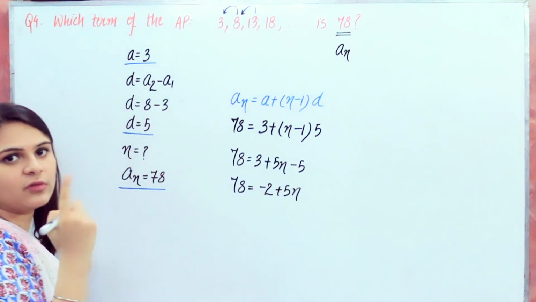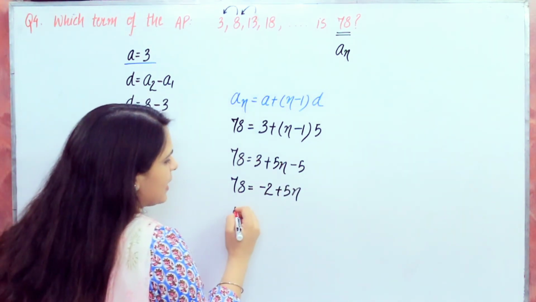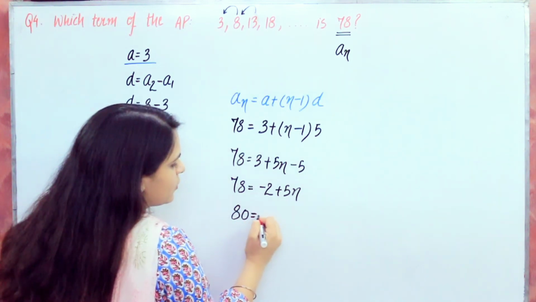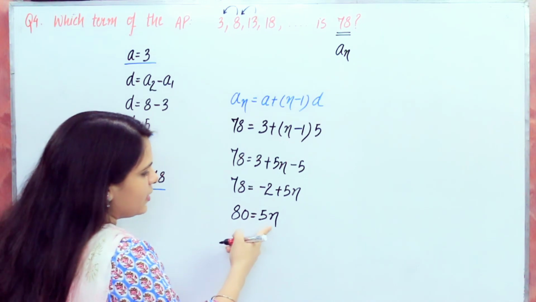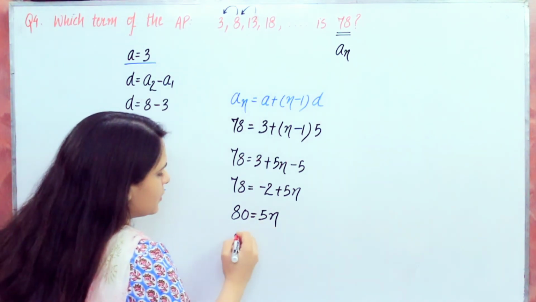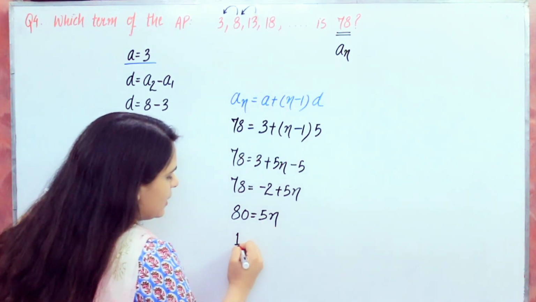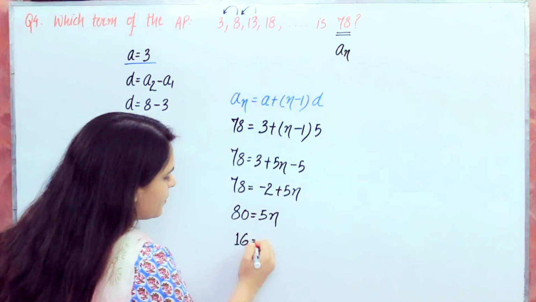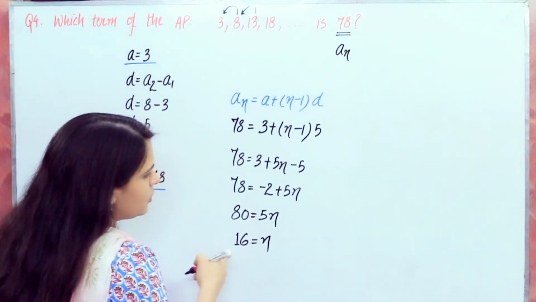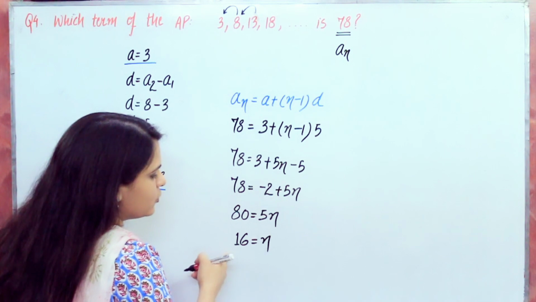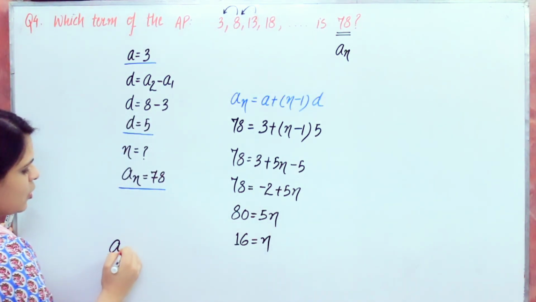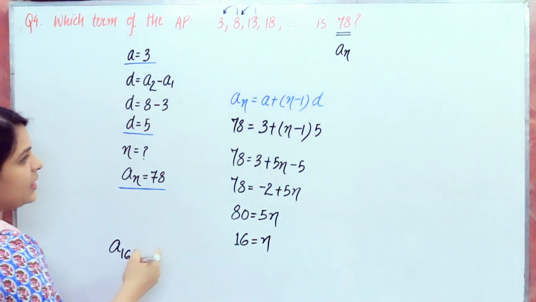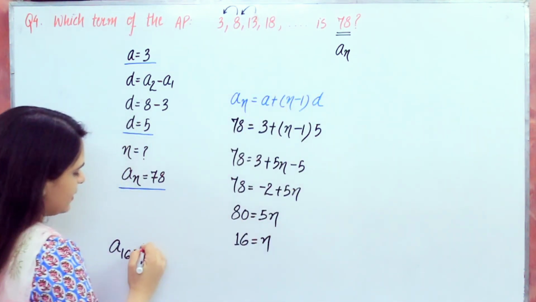We have to shift this minus 2 to left hand side, so this will become 80 is equal to 5n. Now we need to find the value of n, so this will be 16. So value of n is equal to 16. That means 16th term of this AP will be equal to 78.